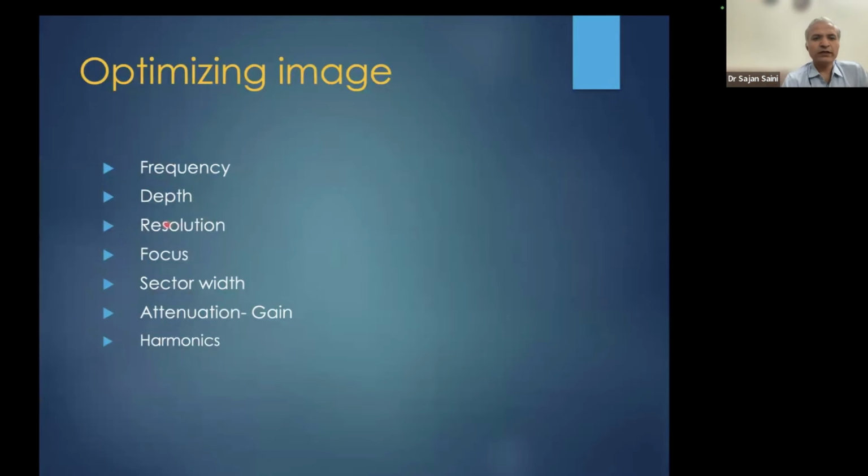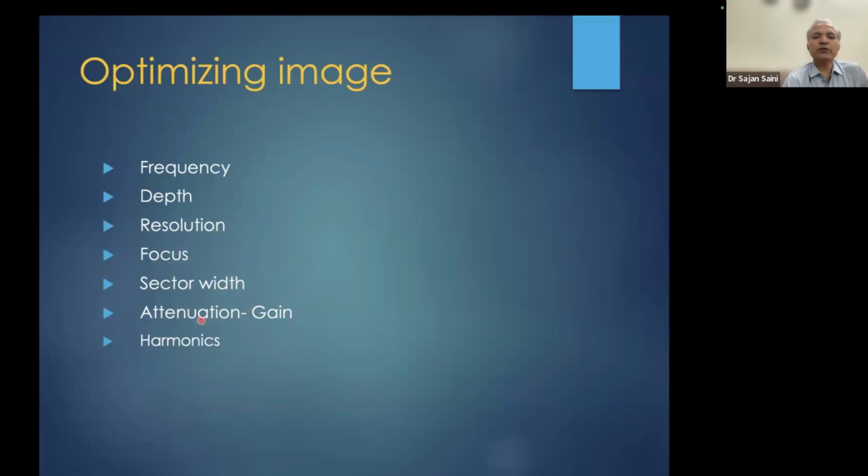We will discuss the resolutions, various types of resolutions. There are basically 3 types of resolution: axial resolution, lateral resolution, and temporal resolution, and we will discuss them one by one. We will study the importance of focus and the sector width in improving these resolutions.